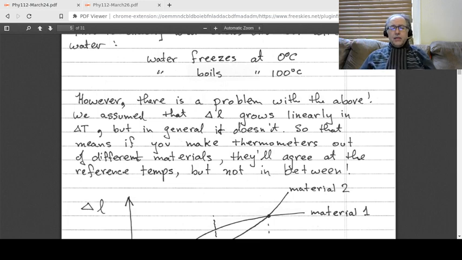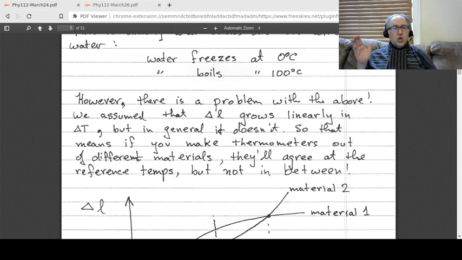But would they agree at a temperature in the middle? The answer is no. They would agree at a middle temperature only if there really was linear expansion, meaning that delta L really was linear in delta T. But it doesn't quite work out that way.